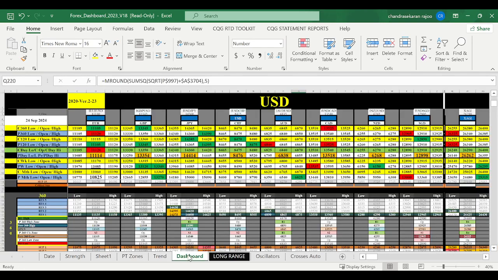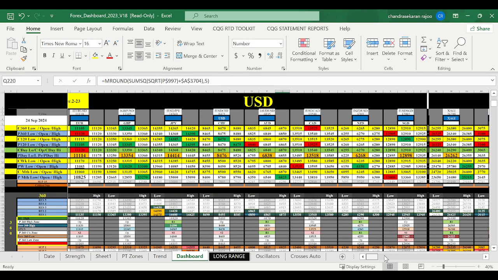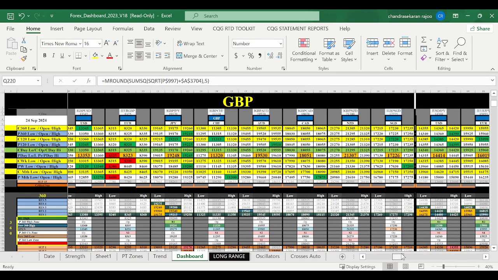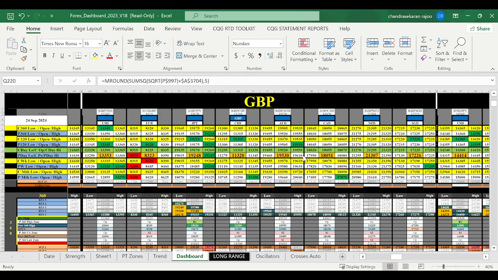But when we look into the dashboard, probably we may get better levels. In fact, current day low is 55, previous day low is 60. So I think that becomes a support.